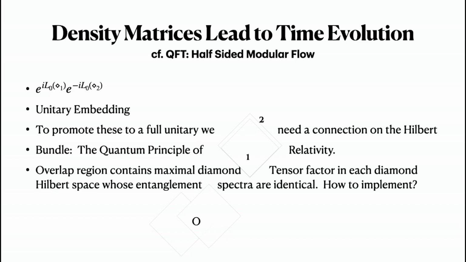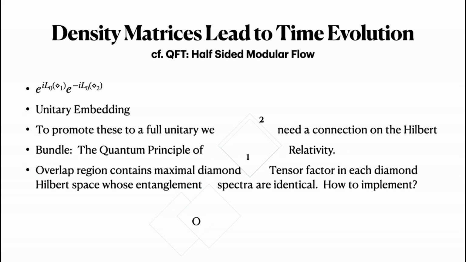And the principle says the following thing. If I take any pair of diamonds, they could be diamonds along the same trajectory, the same geodesic, or a pair of diamonds along two different geodesics. They will sometimes have an overlap region. Now, despite what the two-dimensional pictures show you, that overlap region is not a causal diamond, except in 2 dimensions. But in general, it's got a maximal size causal diamond inside of it.